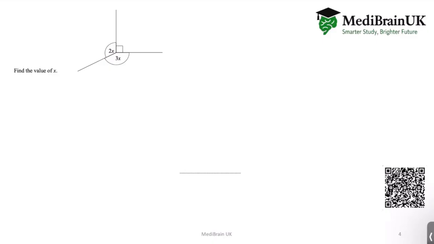Okay, I'm going to start going through the answers now. So it says find the value of x. I'm not given anything else in this question. That's it. We have to find the value of x.